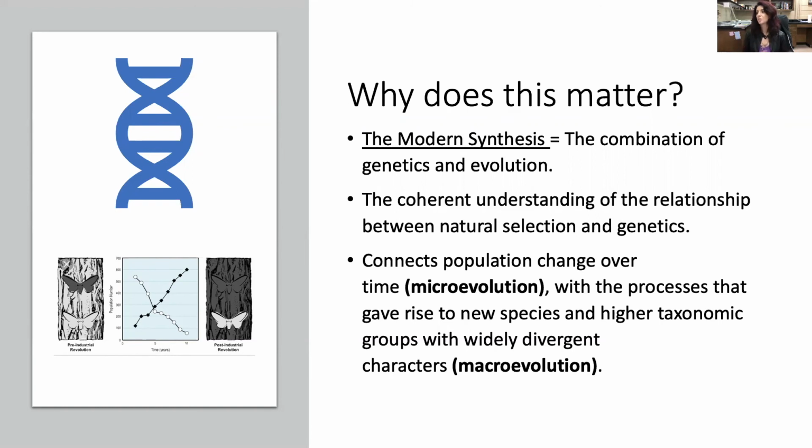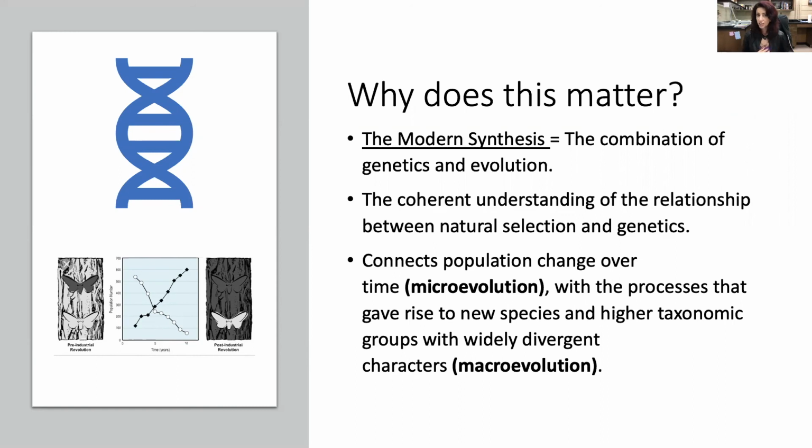It provides a coherent understanding of the relationship between natural selection and genetics, and it allows us to connect population change over time, which is what we refer to as microevolution, to the processes that gave rise to new species and higher taxonomic groups with widely divergent characteristics and traits. We call that macroevolution. So the modern synthesis allows us to connect micro and macro evolution.